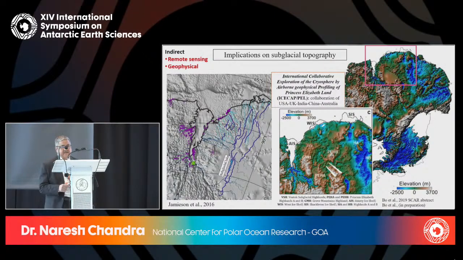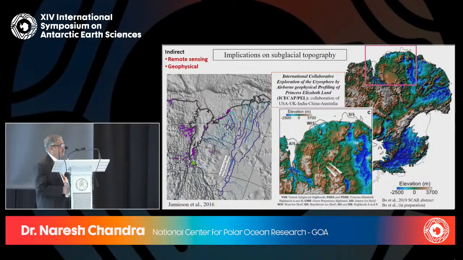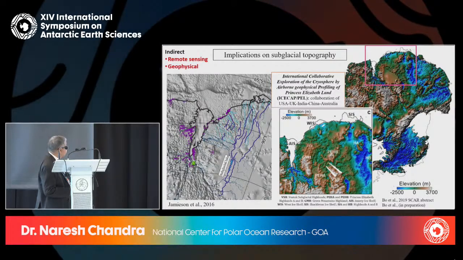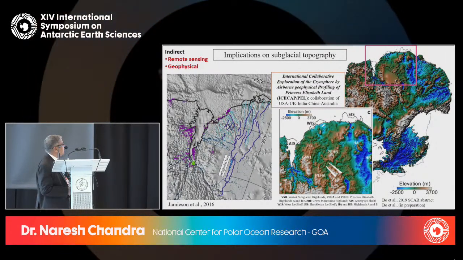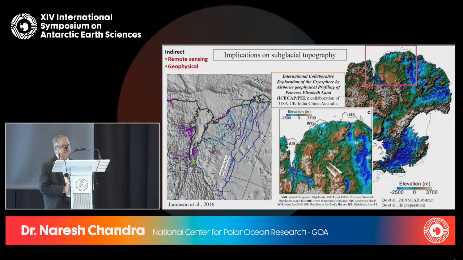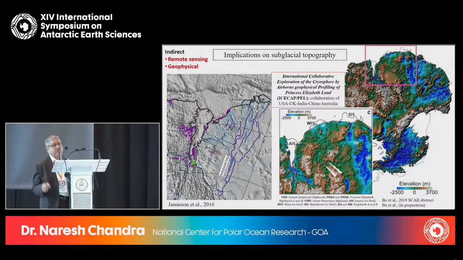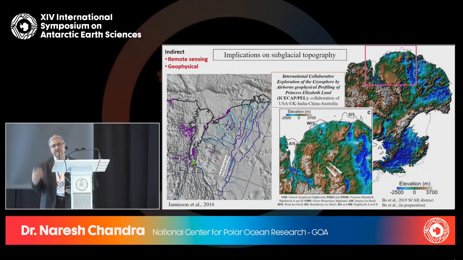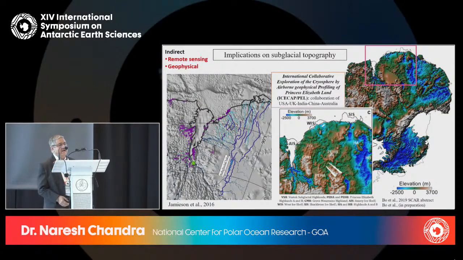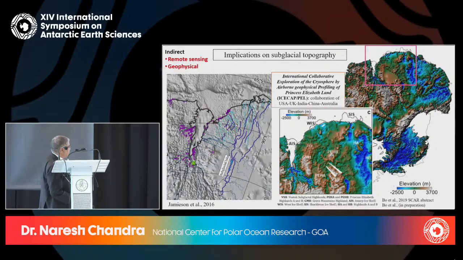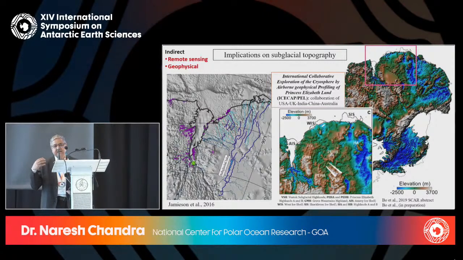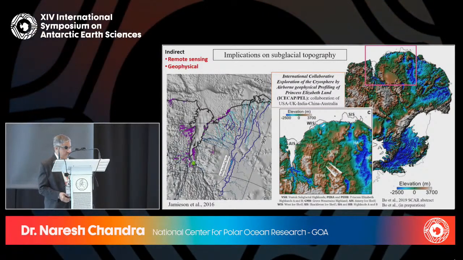When we look at the indirect methods, we have the remote sensing ones and the geophysical ones. I classify between the two because the remote sensing ones are dominantly in the context of subglacial hydrology, and the geophysical ones are essentially looking at the property of the material which is below.